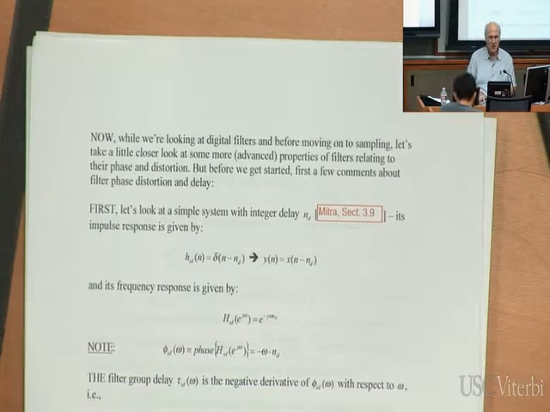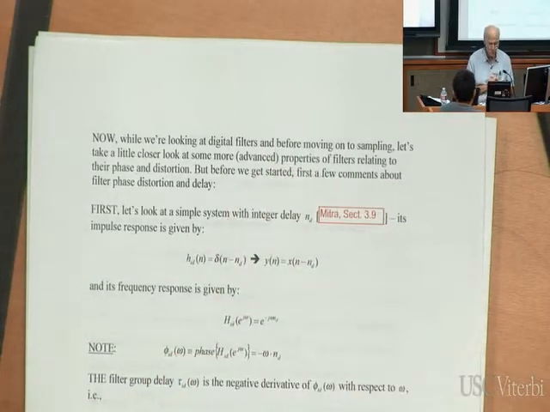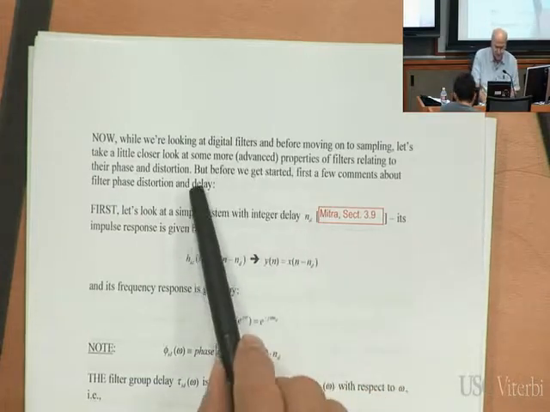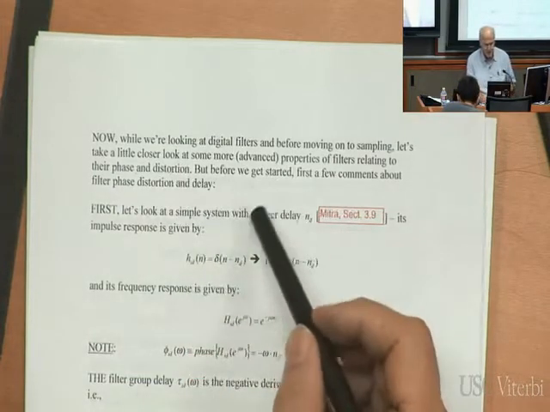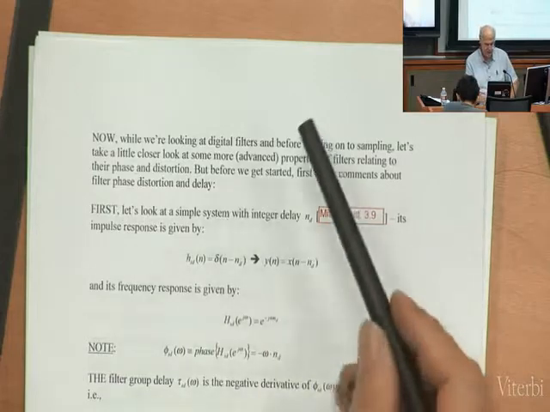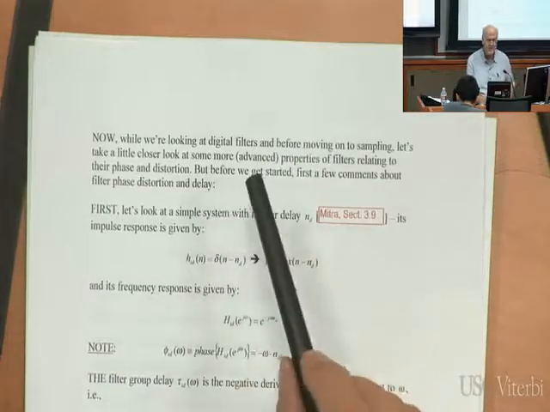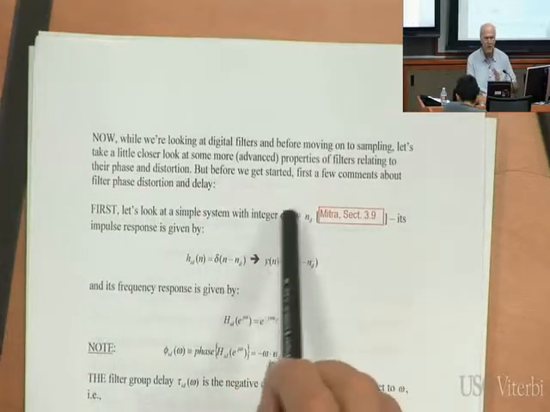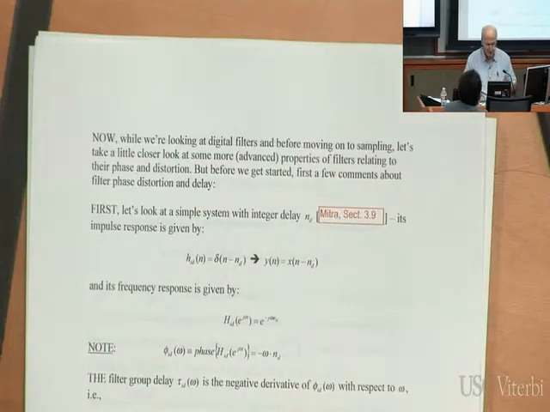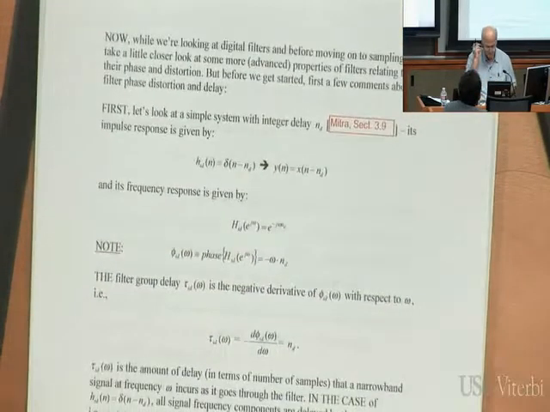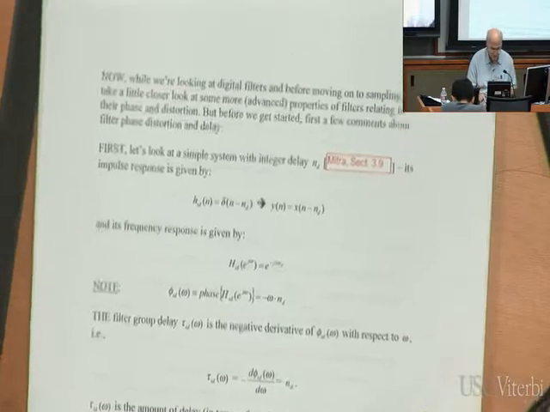So I do want to talk about phase, because these are more general properties. I want to talk about phase of digital filters and what that does to signals and distortion. But before I do that, I just want to make some very general comments about systems and the phase response and so on.